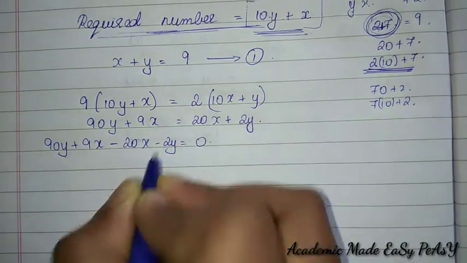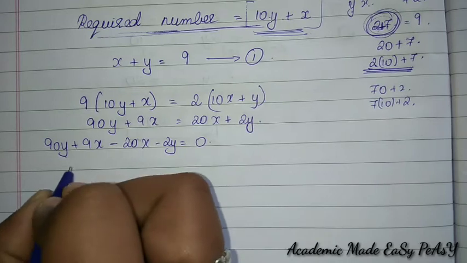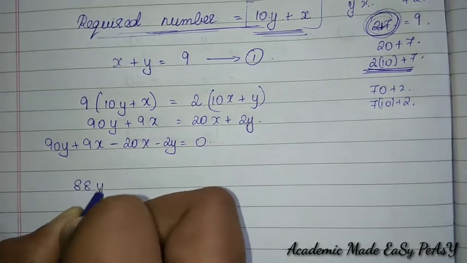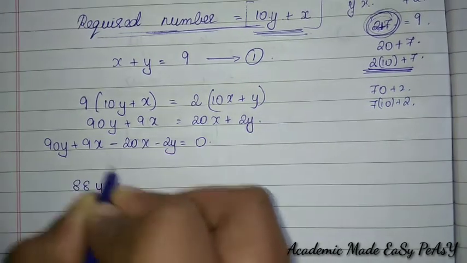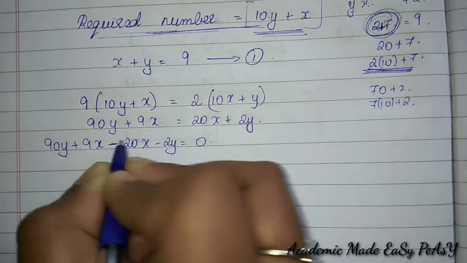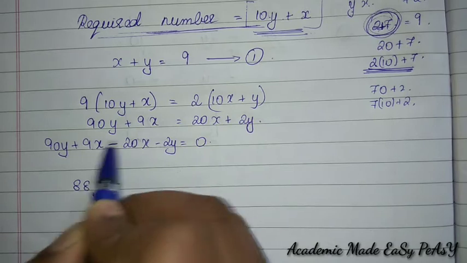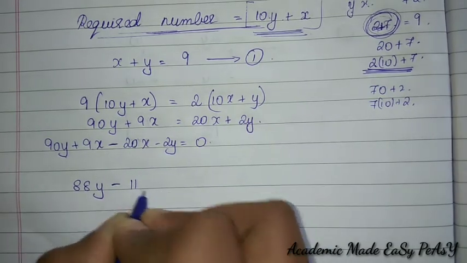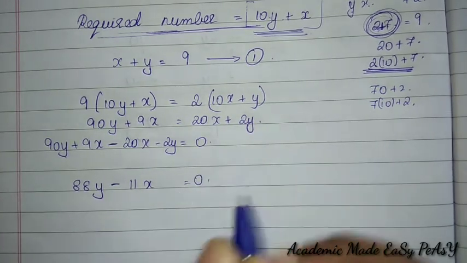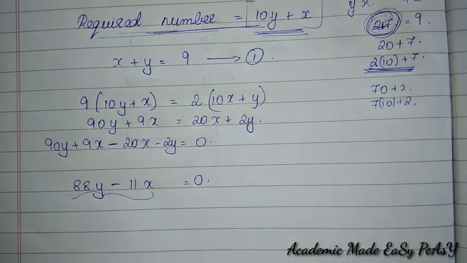So 90y minus 2y, it is 88. So 88y minus, so plus minus, no, minus is the greater number's sign. So I'm just writing it over here. So 20 minus 9, it is 11. 11x is equal to 0. So now I have this as common multiples.